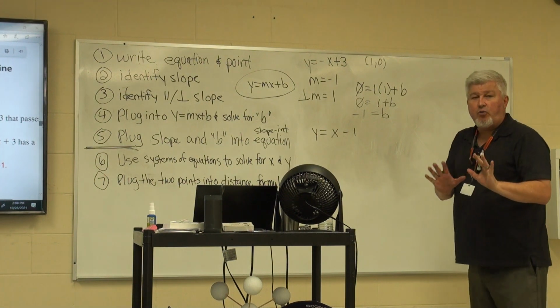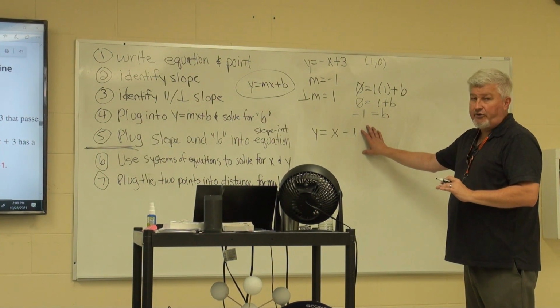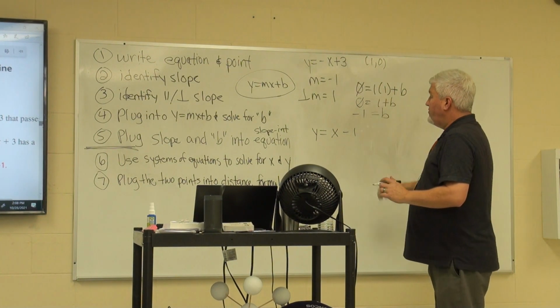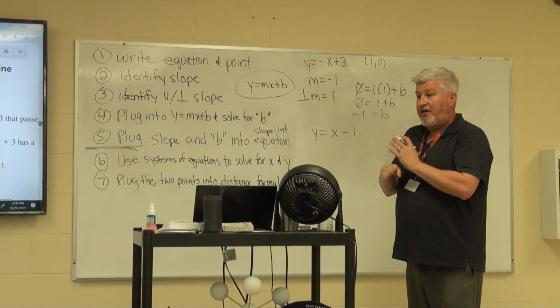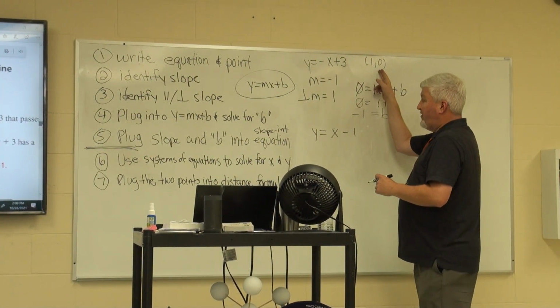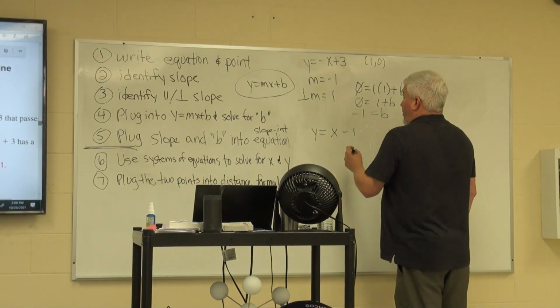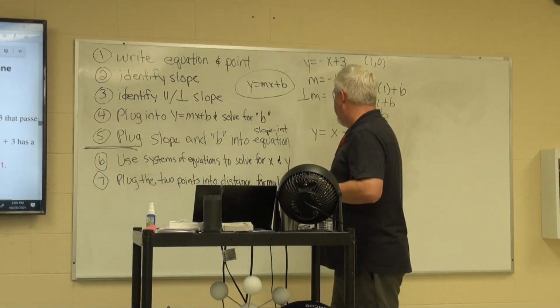So I have my 2 equations now. Okay? This is my perpendicular equation to this equation. So now I need to find the point where these 2 lines cross paths, because we need to take that point and this point and find the distance to get there. Okay? So now is where we do systems of equations. Let me rewrite this so it's a little higher on the board.